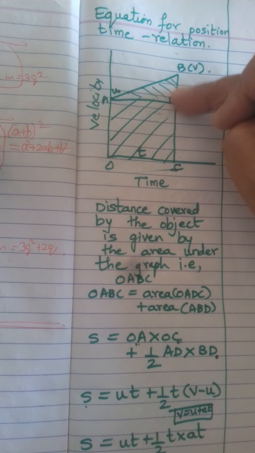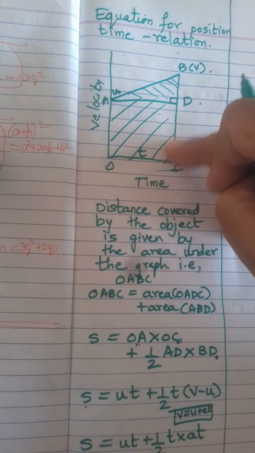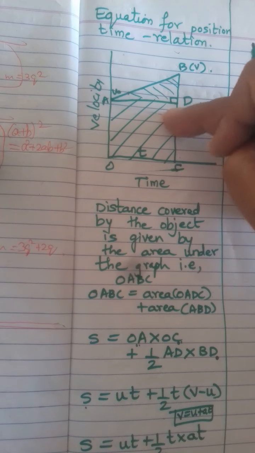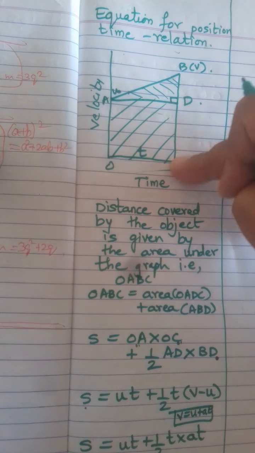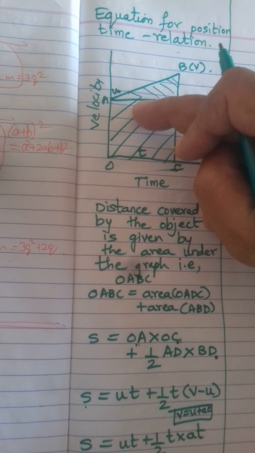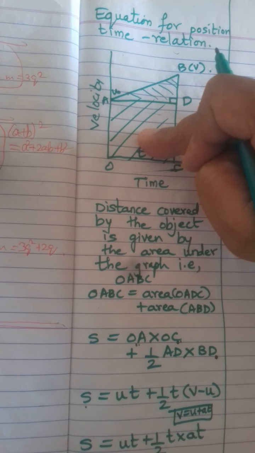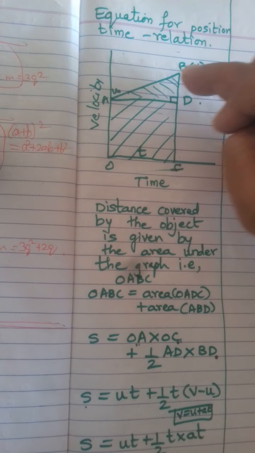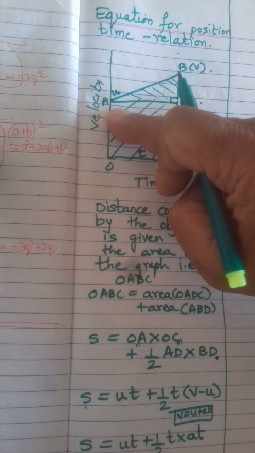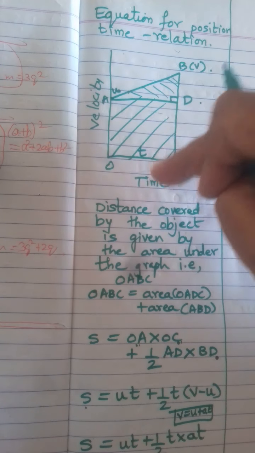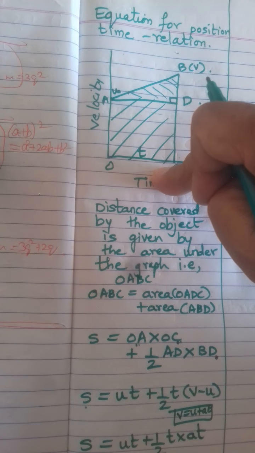And earlier we have seen BD is equal to v minus u. OADC becomes a rectangle, and the area of a rectangle is length into breadth. Since OC is equal to t, the opposite sides of a rectangle are equal, so AD is also equal to t.